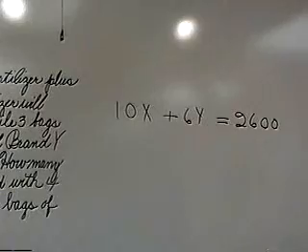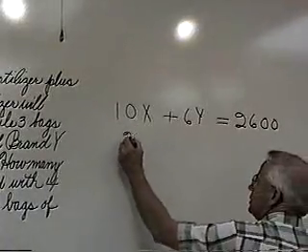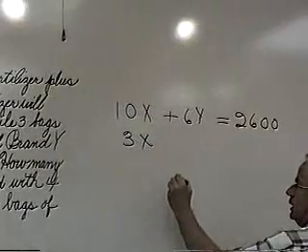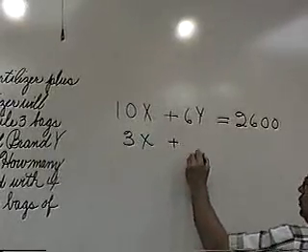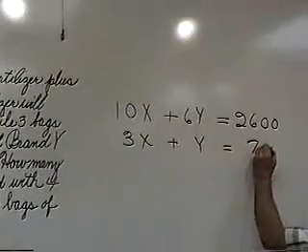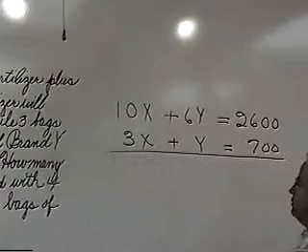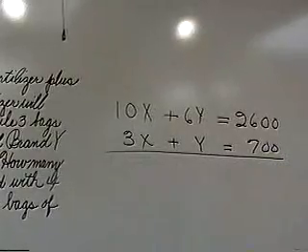Then it says, while 3 bags of brand X plus 1 bag of brand Y will cover 700. Hey, that's great. We've got 2 equations, 2 unknowns. But let's keep reading the problem.